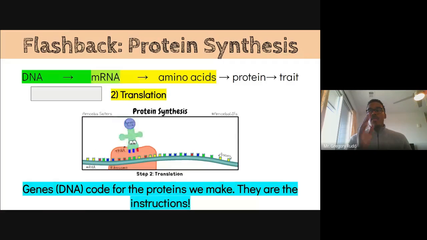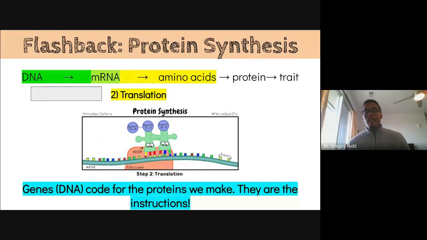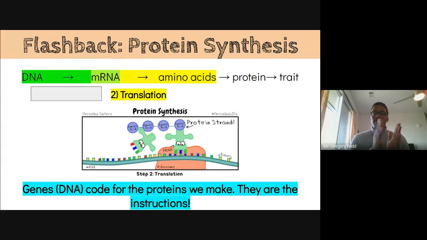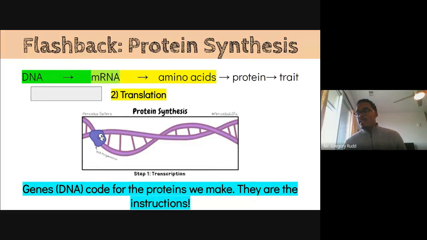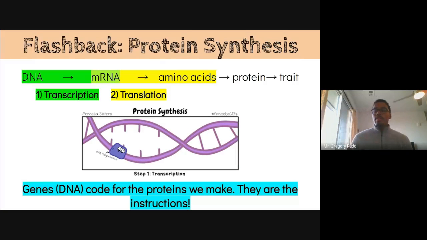And that process of going from DNA to mRNA has a name. Does anybody remember what that name is? To go from DNA to mRNA. Excellent, Jessica. That's called transcription.